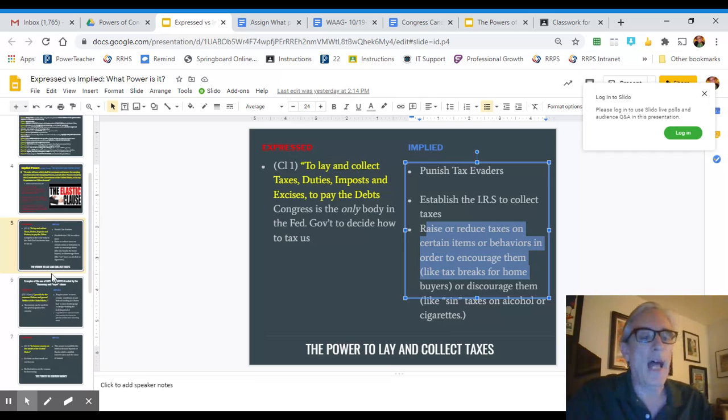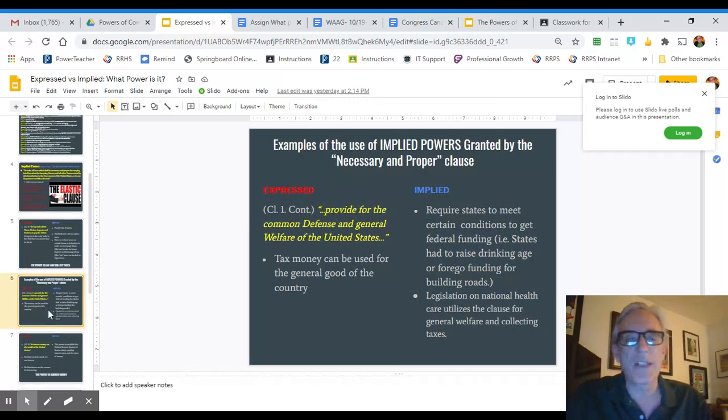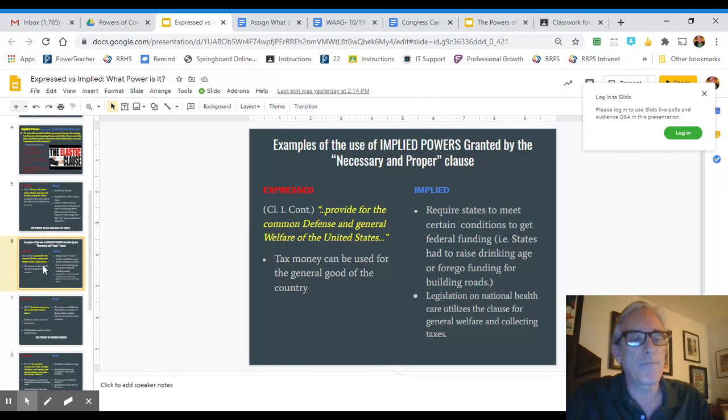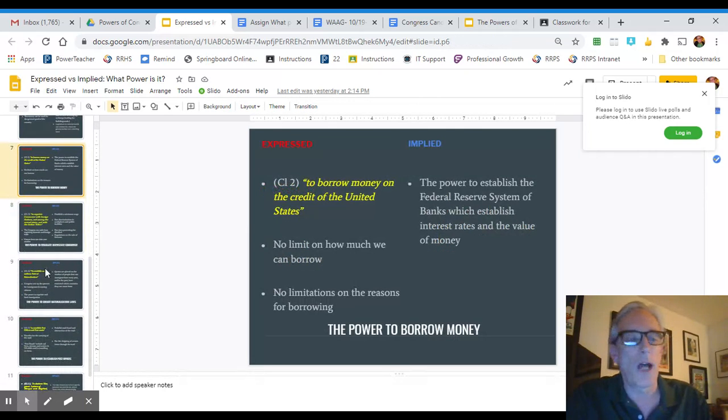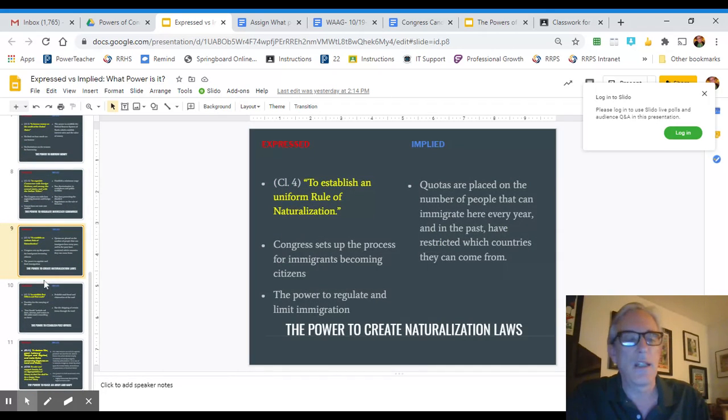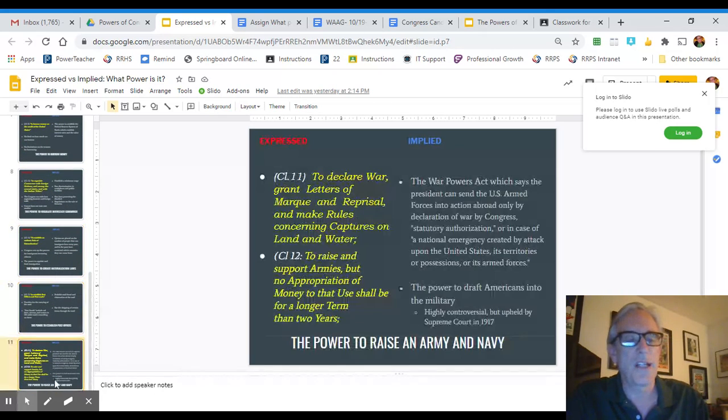Okay, and I do that for not all 17, but for a number of the 17 clauses. There are examples of the expressed and of various kinds of laws that are implied by that expressed law. So that'll be guidance, that'll be helpful, some examples for you.